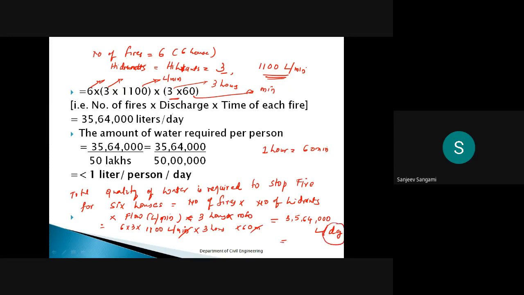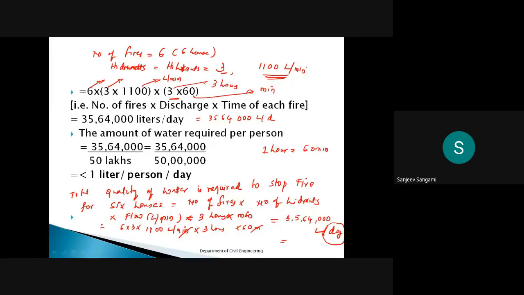So the total quantity of water required is 356,400 liters per day.